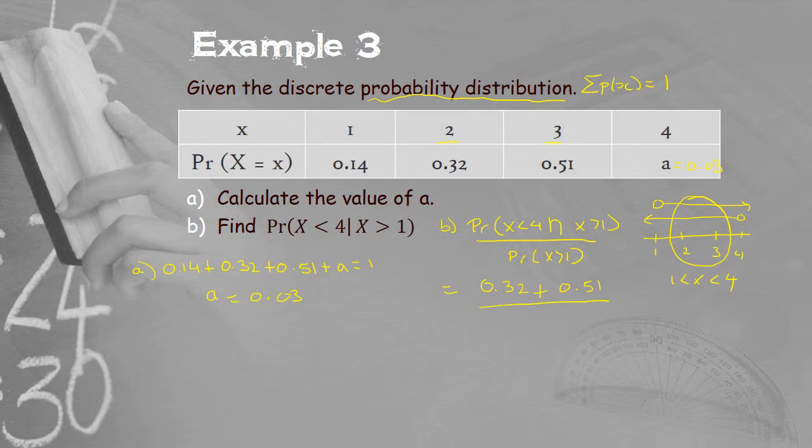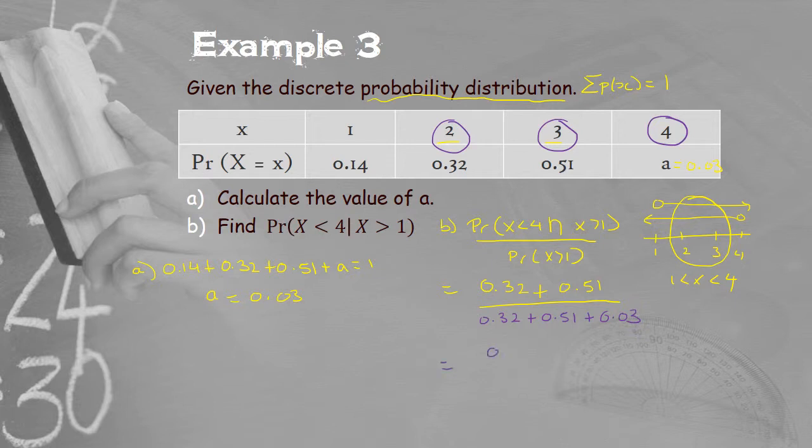And we divide this by the probability x is greater than 1. So x being greater than 1 means I could have the options 2, 3 or 4. We add together our probabilities here, 0.32 plus 0.51 plus 0.03.